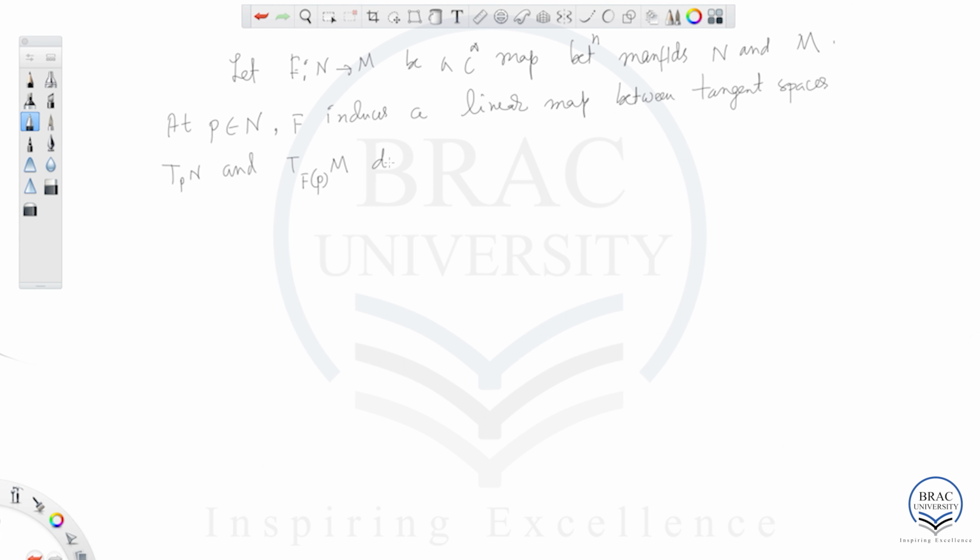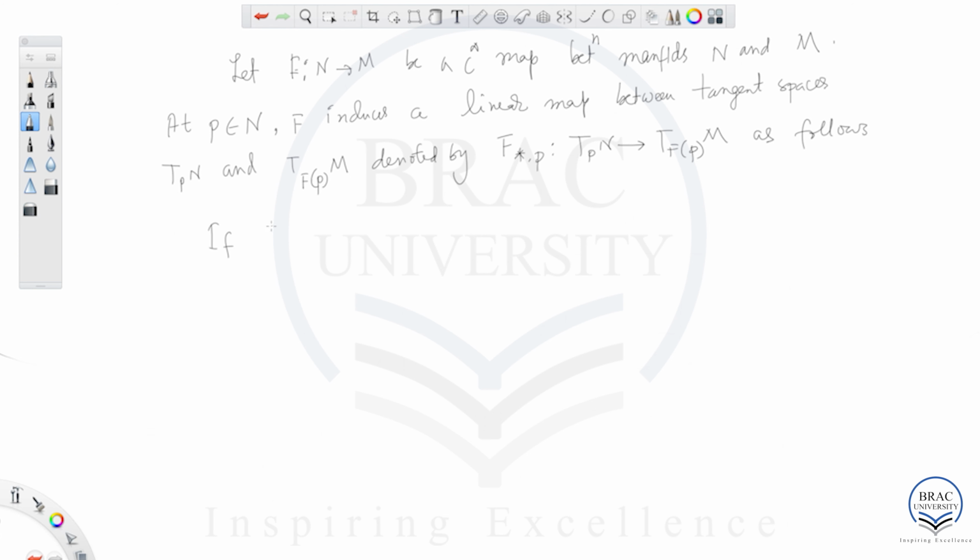So denoted by F_{*,p}, which is a map from T_pN to T_{F(p)}M. And this is defined as follows.